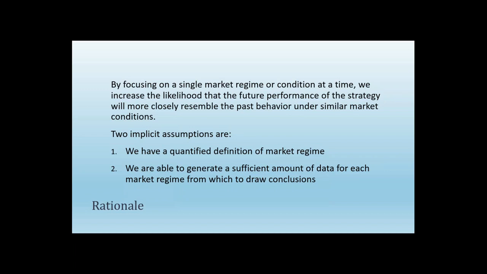But however many you have, in order to make this meaningful, you need to have a sufficient number of trades, a sufficient amount of data, basically, that we can analyze for each different market regime. It doesn't do me any good to run a 10-year backtest and then find out that one of my market regimes over that 10 years only had 7 trades. Well, who cares?